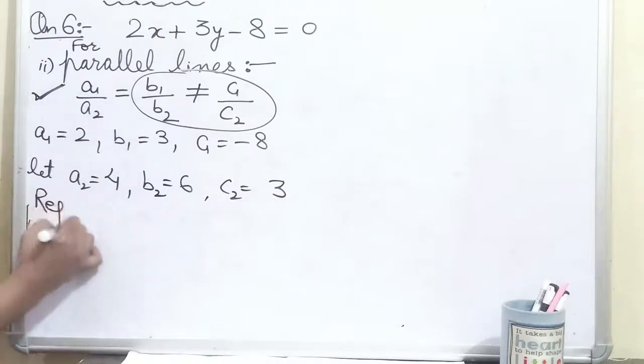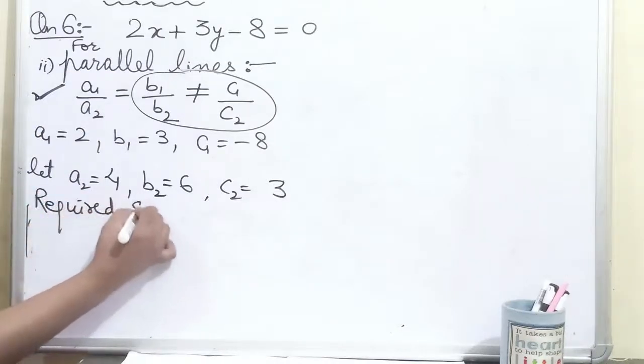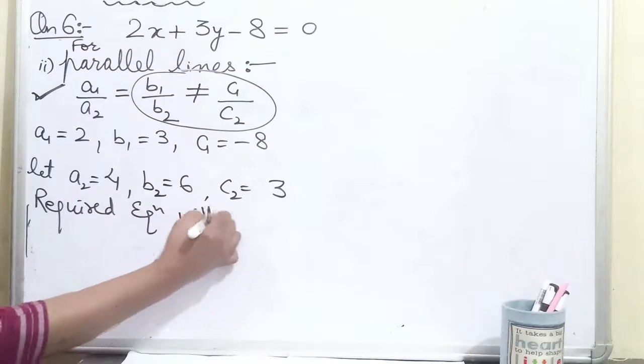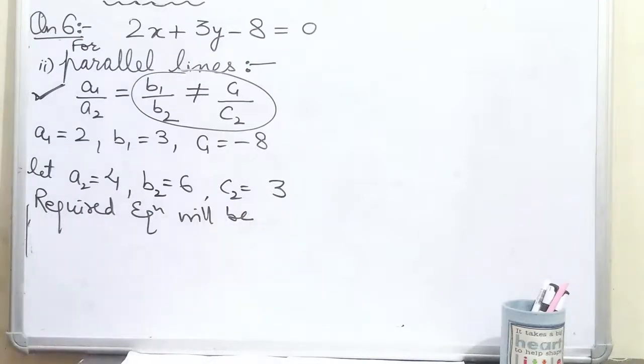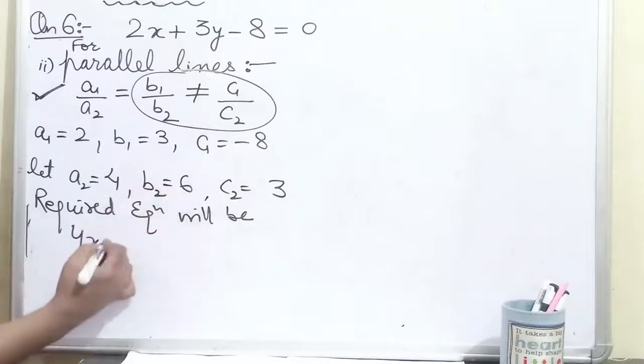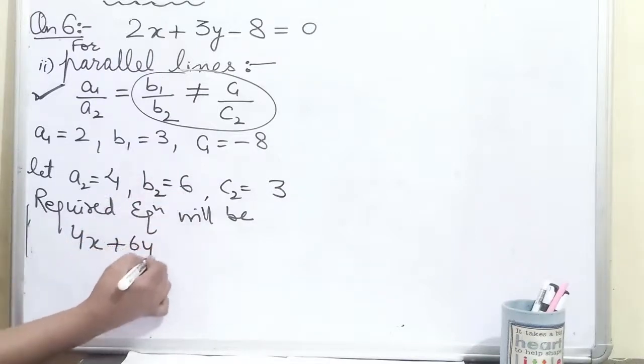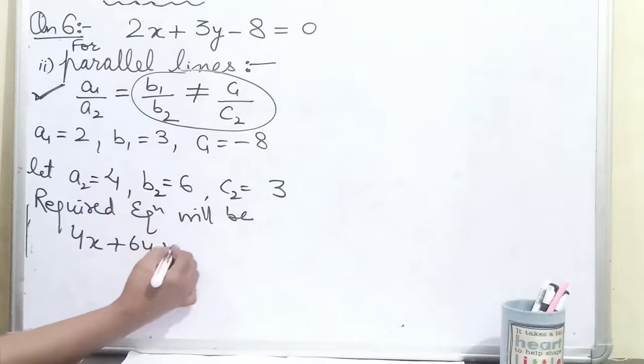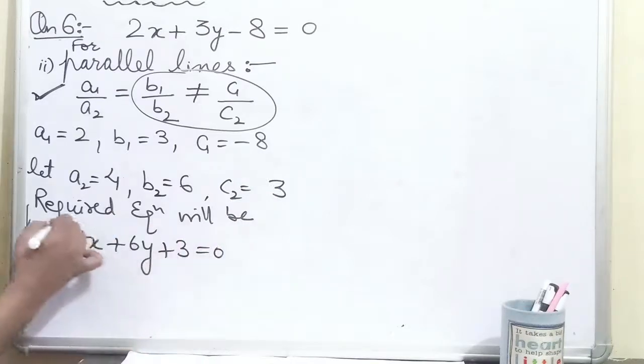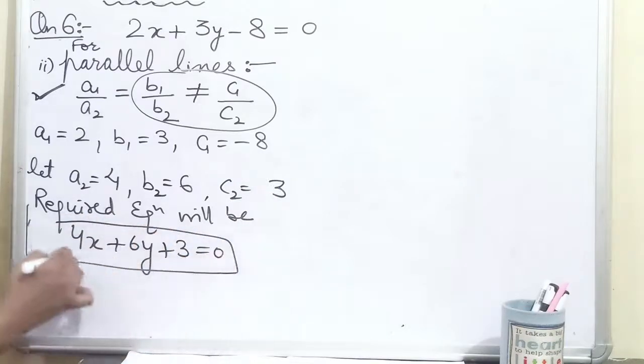So the required equation will be, tell me the required equation now: 4x plus 6y plus 3 equals 0. This is the answer.